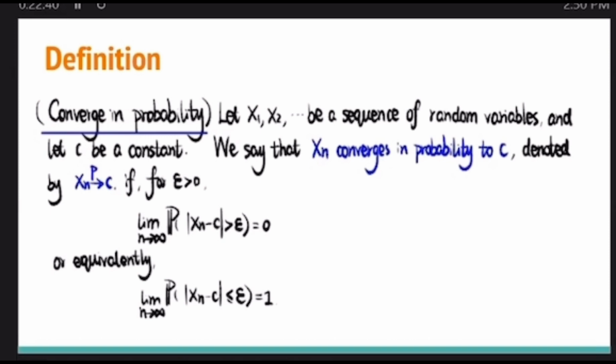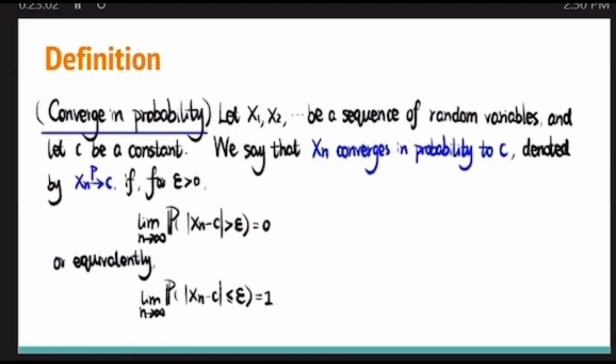So because of that, I'm going to talk about convergence in probability now. If I have X1, X2, and so on, a sequence of random variables, and there exists a constant c. The constant c could be a value.